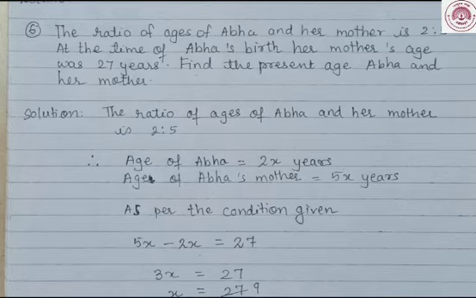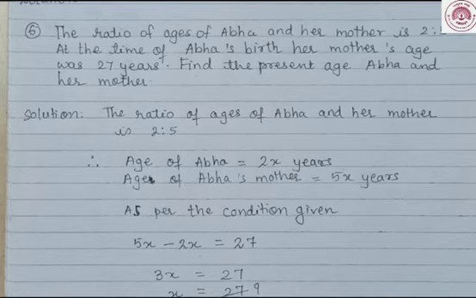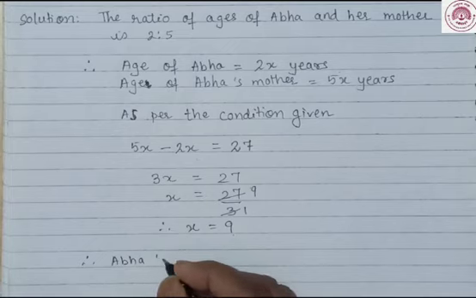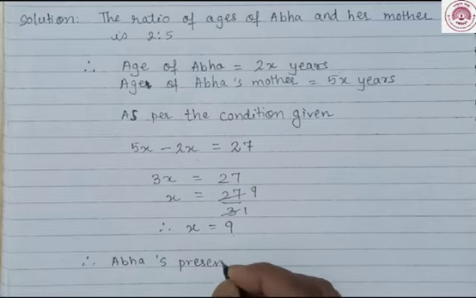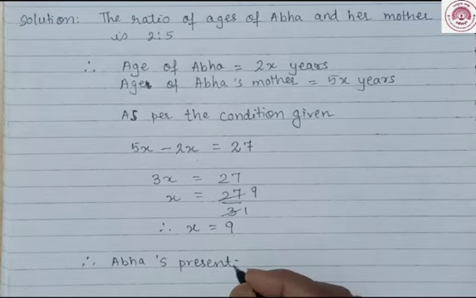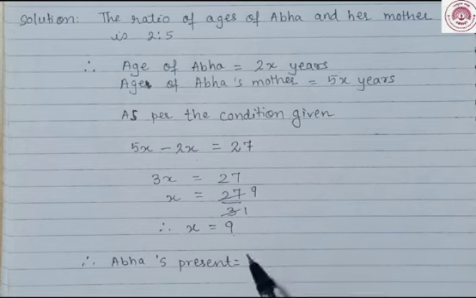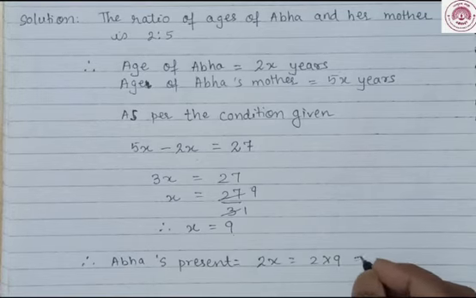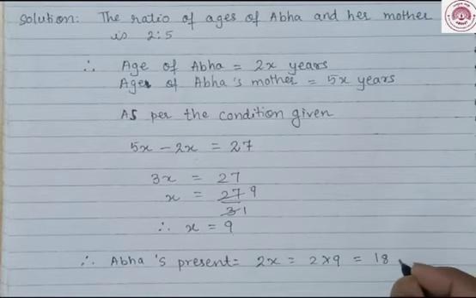So therefore Abha's present age is equal to 2x years, so 2x, which is equal to 2 multiplied by 9, which is equal to 18 years.